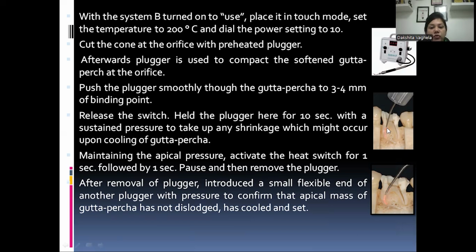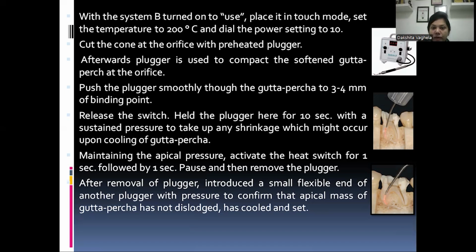Push the plugger smoothly through the guttapercha to 3 to 4 mm of the binding point. Now release the switch. Hold the plugger there for 10 seconds. You are still holding it, but you have released the switch. So no longer is heat being applied, no longer is the 200 degrees Celsius temperature being reached. For 10 seconds you keep it there, sustaining pressure to take away any shrinkage which might occur upon cooling of the GP. Maintaining the apical pressure, activate the heat switch for 1 second.